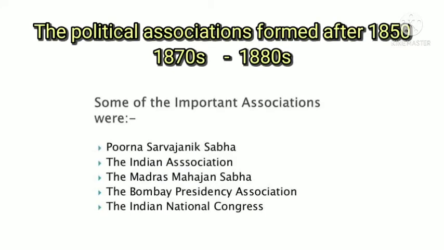The political associations were formed after 1850, especially those that came into being in the 1870s and 1880s. The most important associations were the Pune Sarvajanik Sabha, the Indian Association, the Madras Mahajan Sabha, the Bombay Presidency Association, and the Indian National Congress.